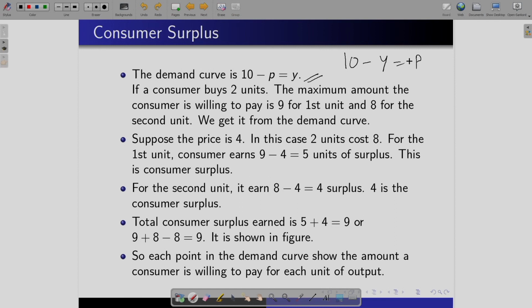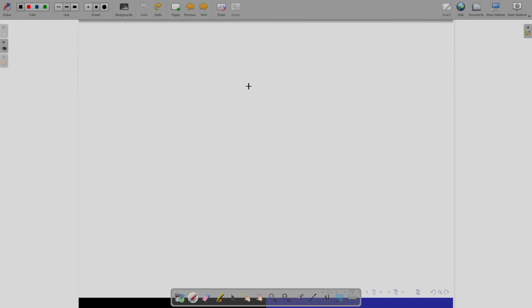So, you buy 1 unit, you are willing to pay, you can say 9. You buy the second unit, you are willing to pay 8. So, this thing you can represent in this way.